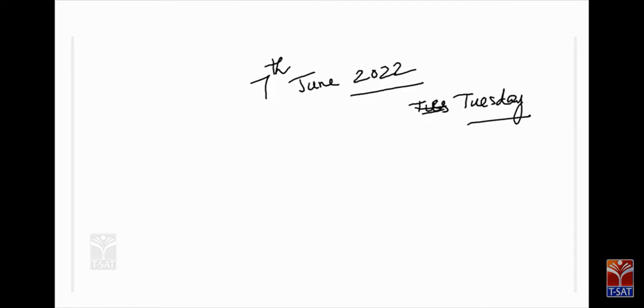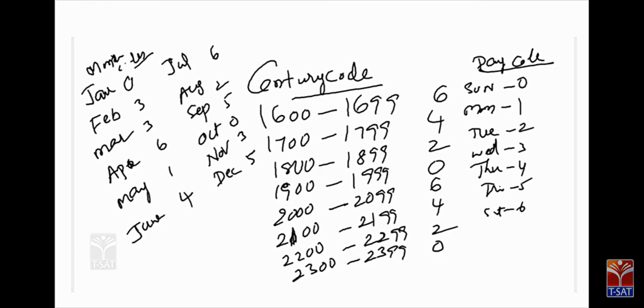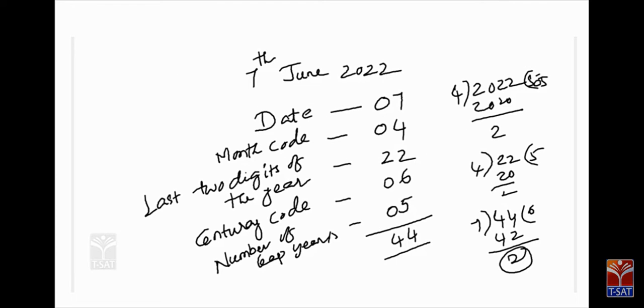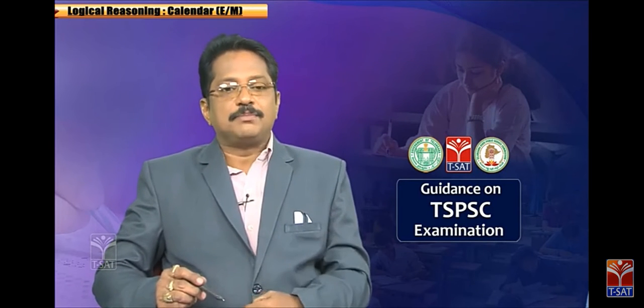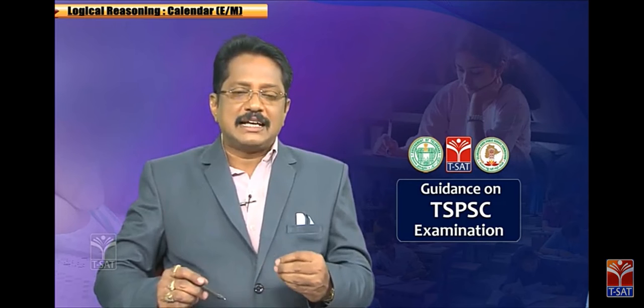Clear? In this manner, you can calculate what day it is. This question, if a question comes from the calendar, generally this is a compulsory question from the calendar topic. So, very important. So, once again I am giving a clarification about this.